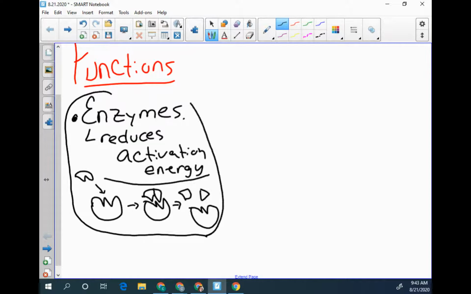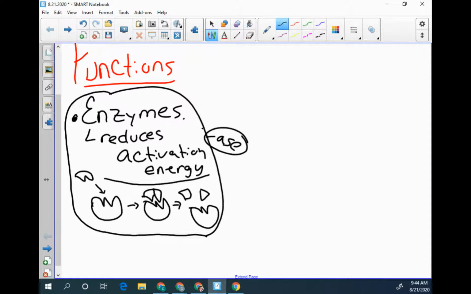Also, little side note, not all proteins, but all enzymes usually end in the suffix ase. So if you're taking the AP exam and you see a really, really big long word and it kind of freaks you out because you don't recognize it on sight, but it ends in ase, that essentially means it's an enzyme.